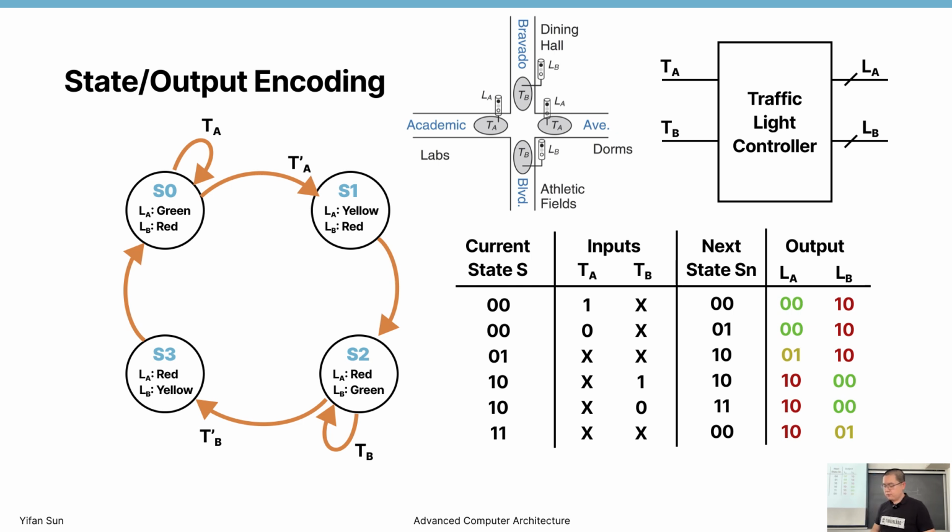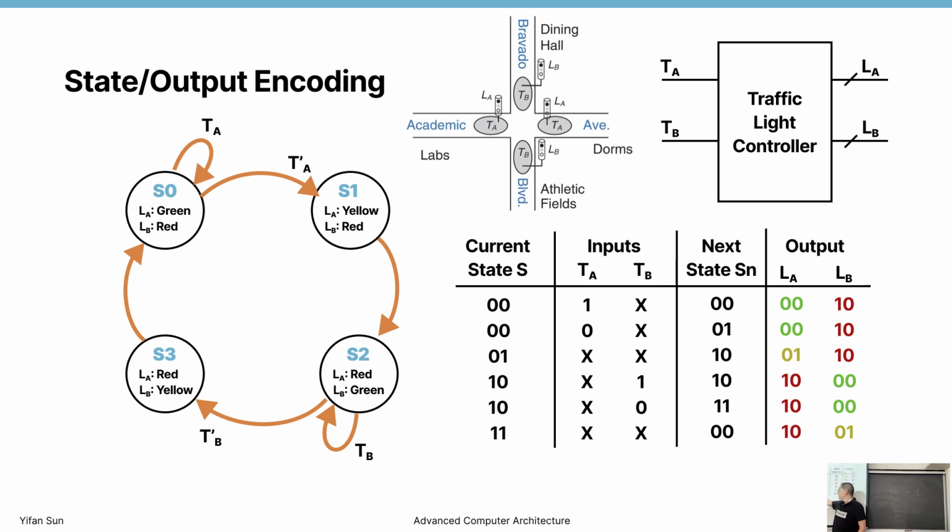Okay, so for output, we already talked about we use 0, 0 to represent green, 0, 1 to represent yellow, and 1, 0 to represent red. So then we can convert this state transition table using bits rather than symbols, S1, S0, those symbols. We can write it like this. Then here we have the input part, right?